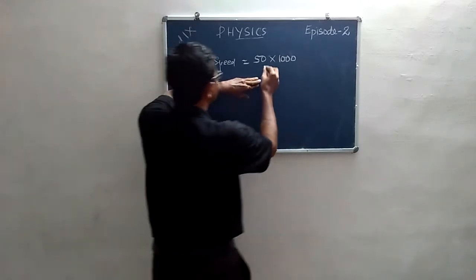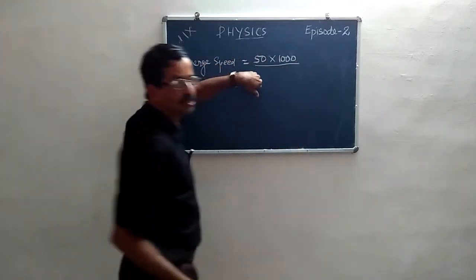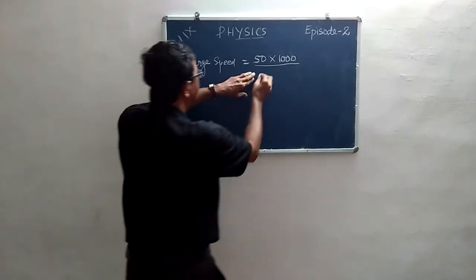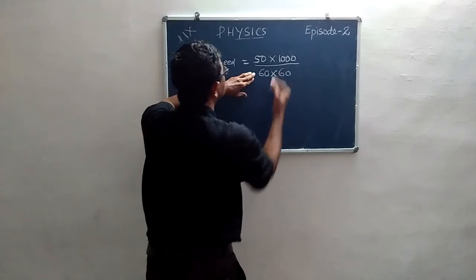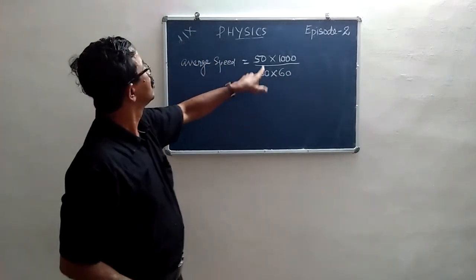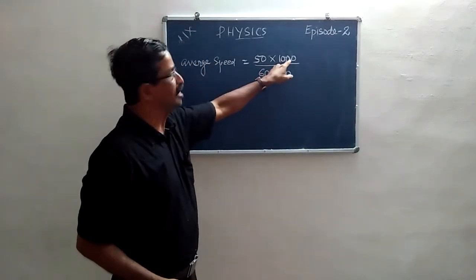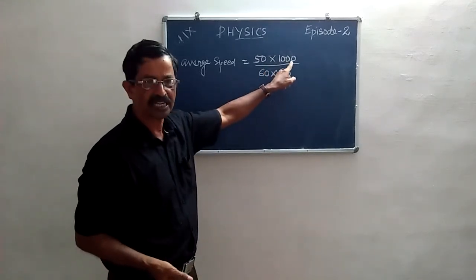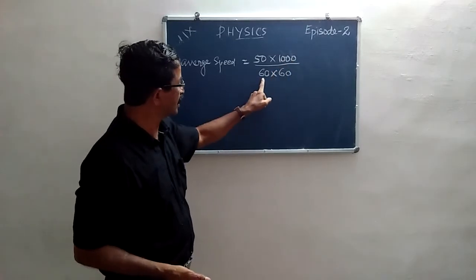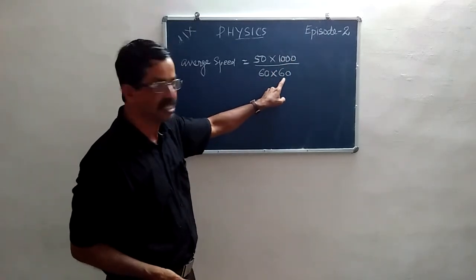And this hour we change to second. We know 1 hour is 60 minutes and 1 minute is equal to 60 seconds. Now how is this 1000 coming? 50 kilometer means 50 into 1000 meter. And 1 hour is 60 minutes into 60 seconds.